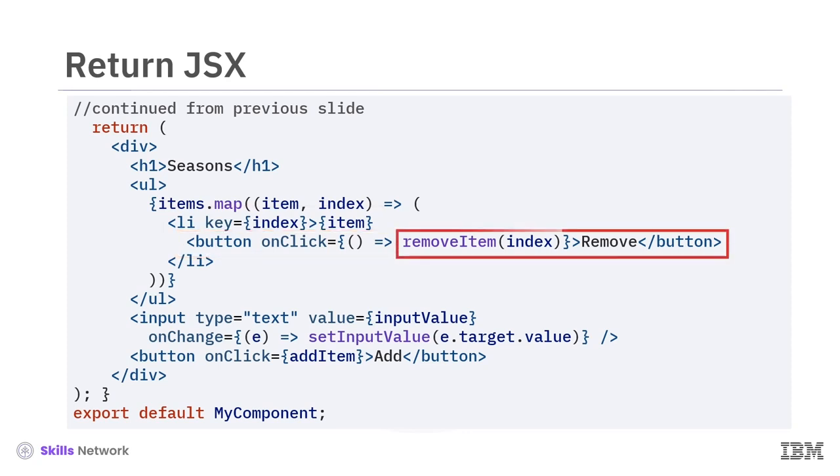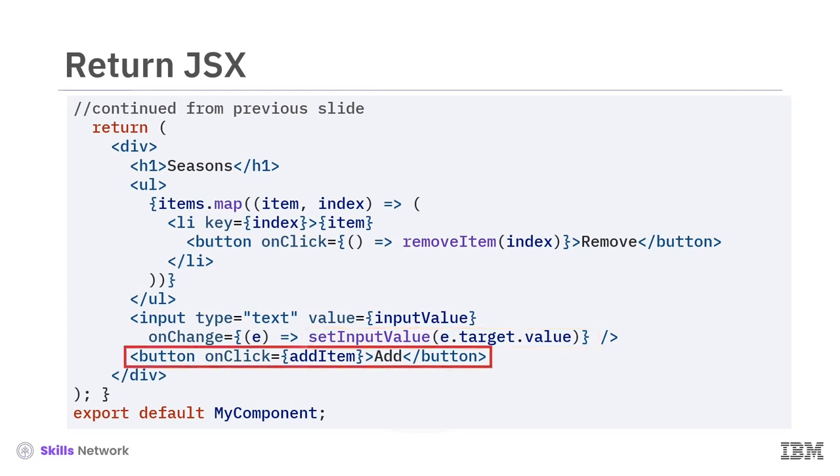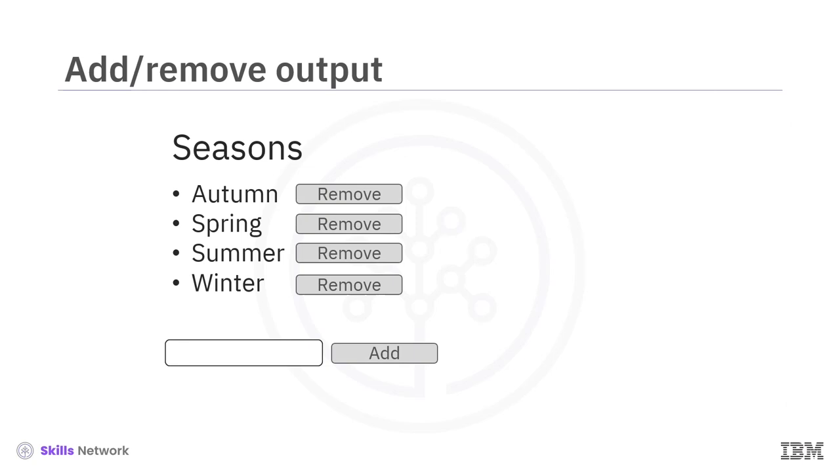Clicking the button triggers the remove item function for the corresponding index. Below the list, an input field allows users to add new items to the array. The input value state variable controls the value of the input field. Clicking the Add button appends the current value of the input field to the items array and clears the input field for the next entry.